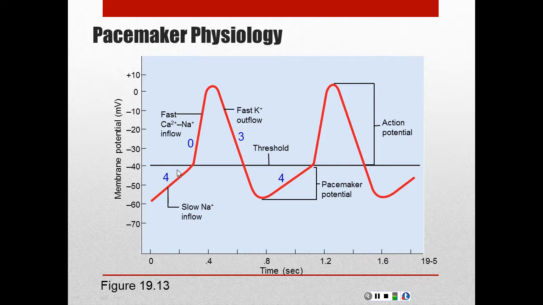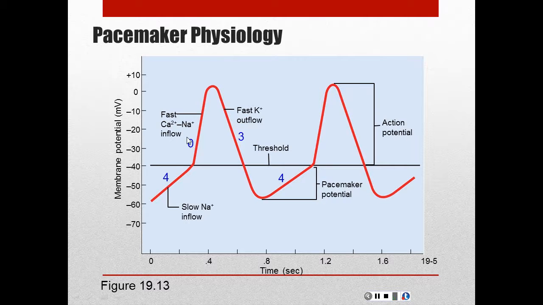We have a little bit of sodium pumping out, but not enough to accommodate the sodium entering in. So when the pacemaker potential reaches negative 40 millivolts, this is when the calcium sodium channels begin to open. And then both of the ions from the extracellular fluid are going to enter in. So we have an influx of both sodium and calcium.